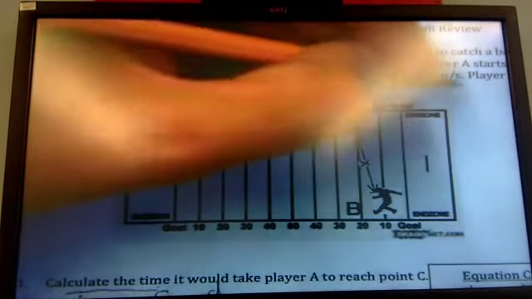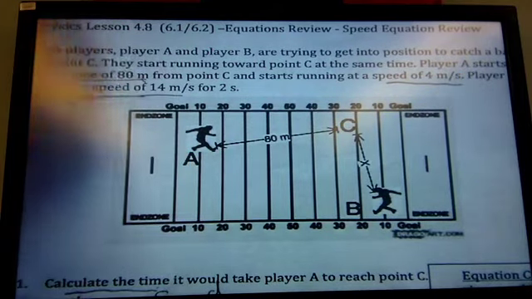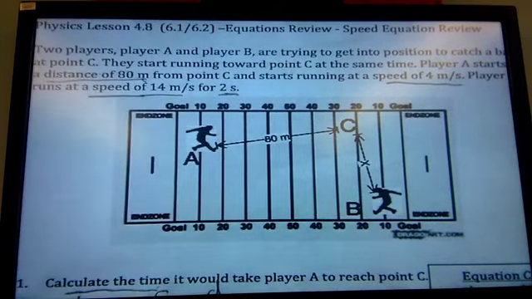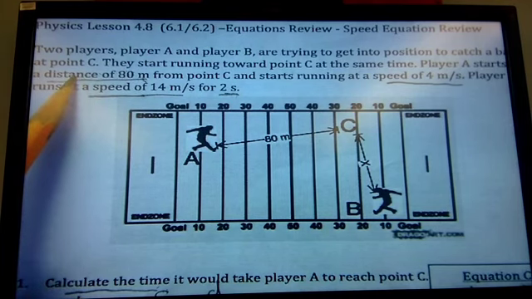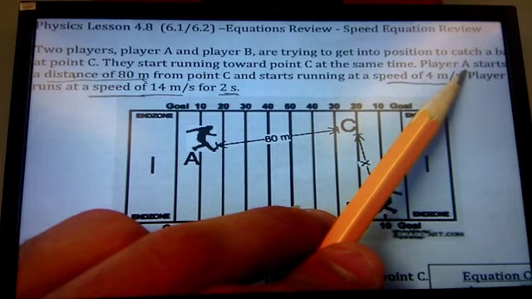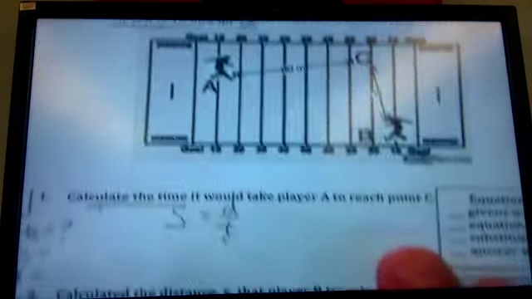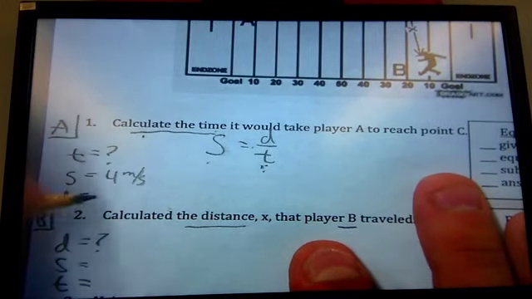And starts running at a speed of 4 meters per second. Player B runs at a speed of 14 meters per second for 2 seconds. Cool. I see that this distance of 80 and this speed of 4 are talking about player A. I'm going to write that into my givens. The speed for player A is 4, distance is 80.